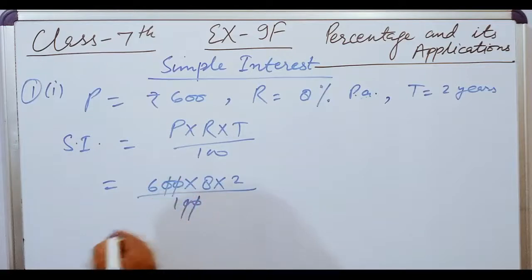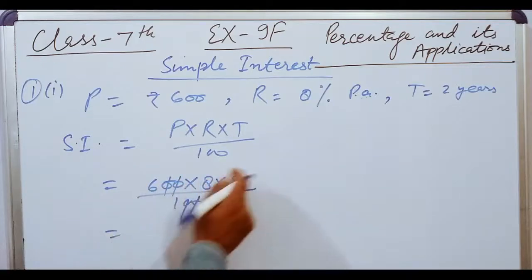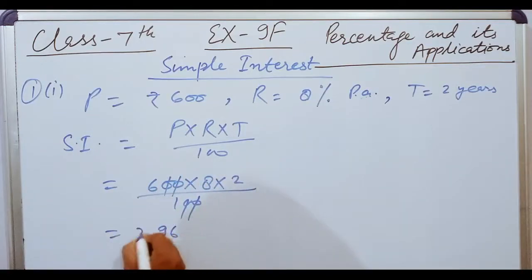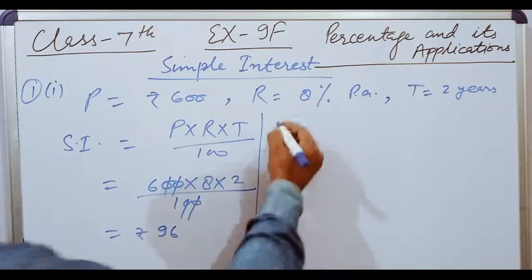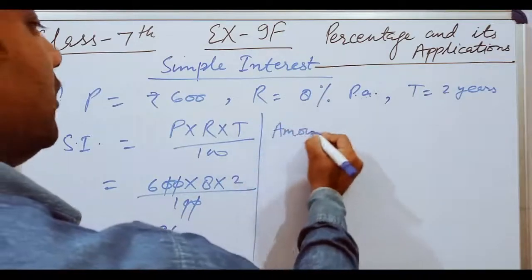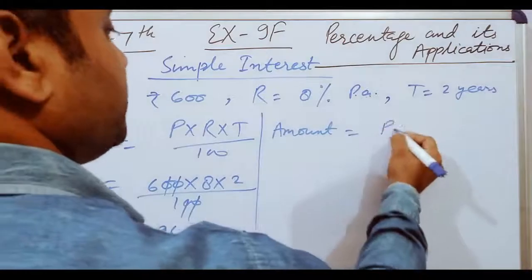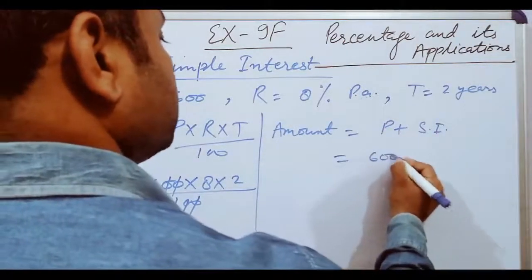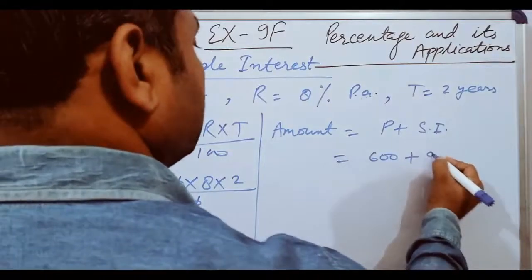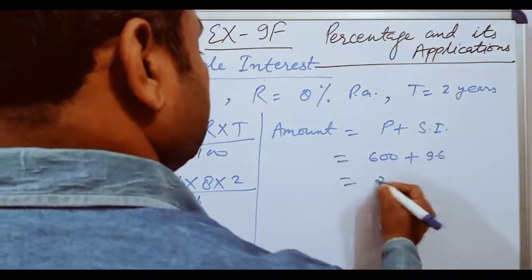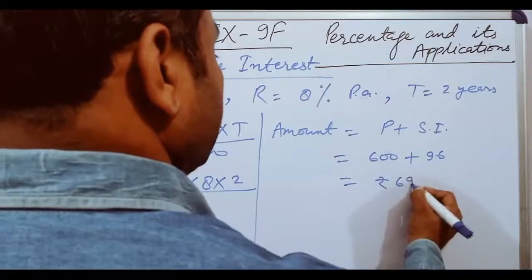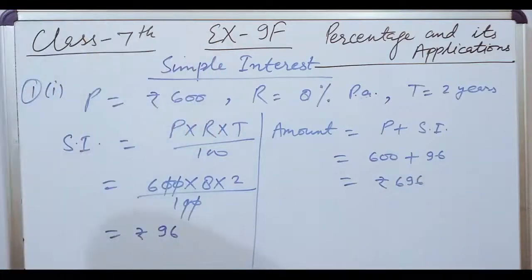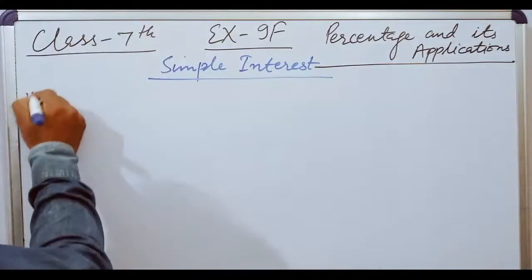The zeros cancel. 6 eights are 48, 2 times is 96. So 96 rupees. Amount equals principal plus SI, 600 plus 96, which equals 696 rupees. This is the answer.